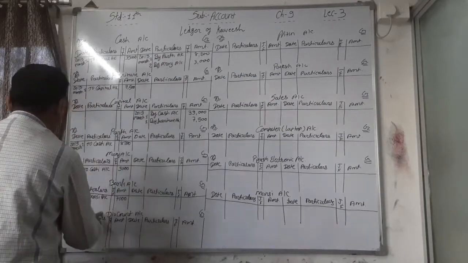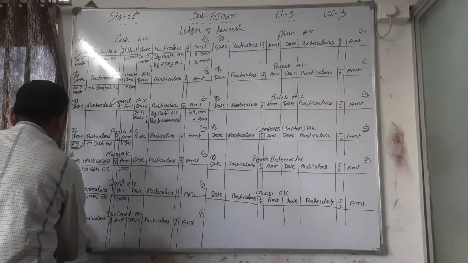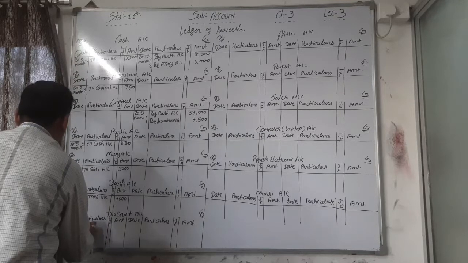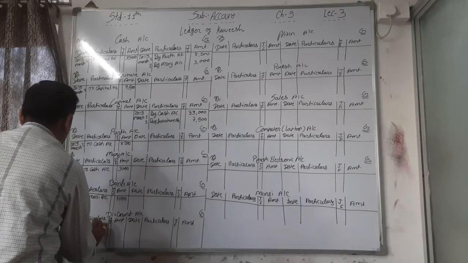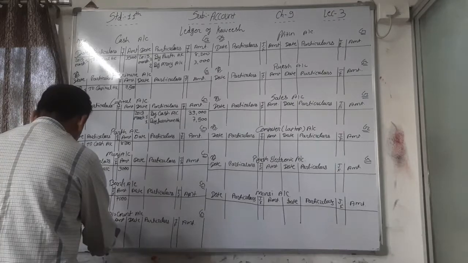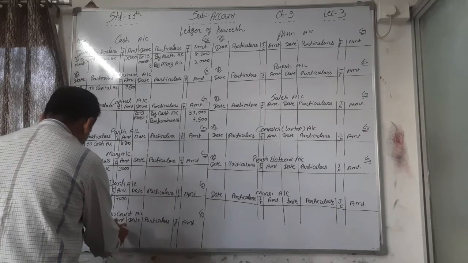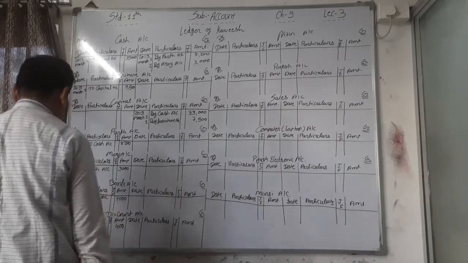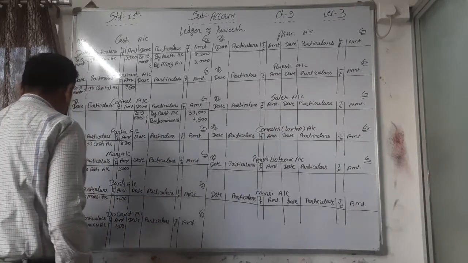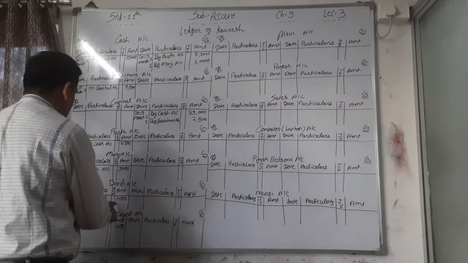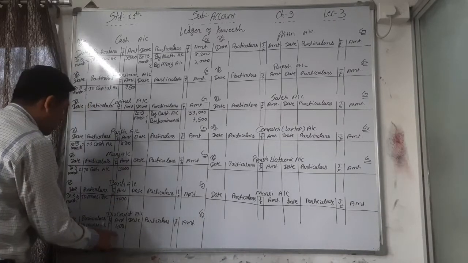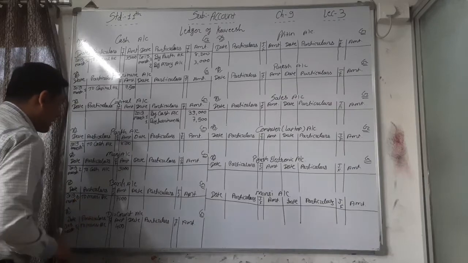Same way, discount account debit side, amount is 400, 2019 March 5th, to Mansi account. Here To Mansi account 7,000 in the bank account, To Mansi account 400 in the discount account.